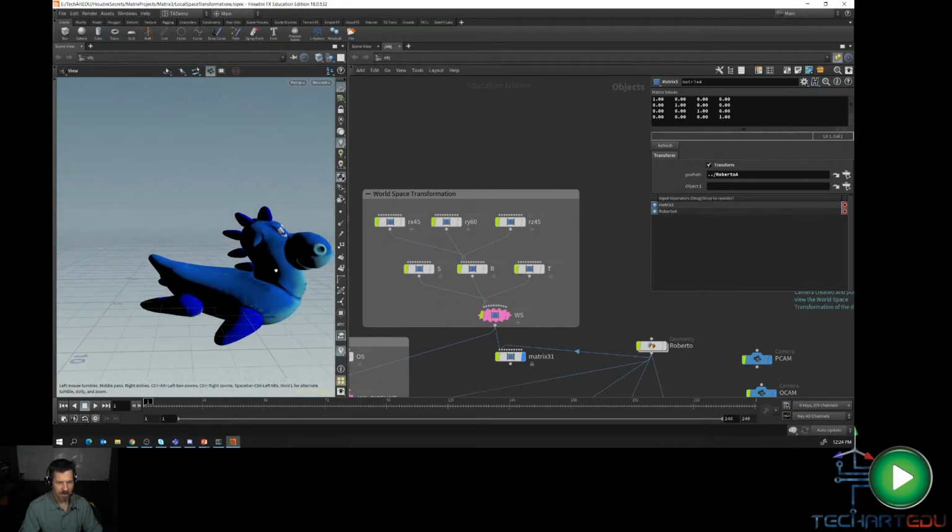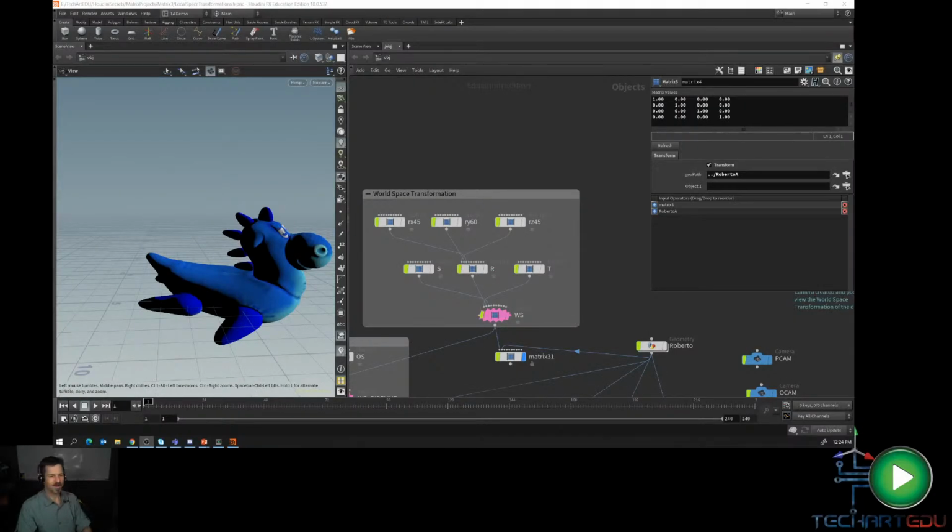But if you remember, a computer monitor is 2D. So what do we do in order to do this? Well, we have to go through the full transformation pipeline. Okay, and my computer monitor is frozen. Having a lot of technical difficulties today.